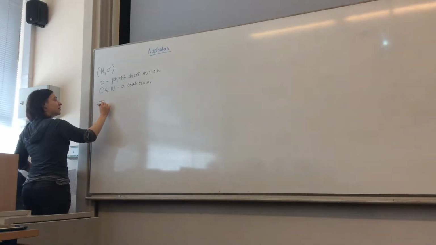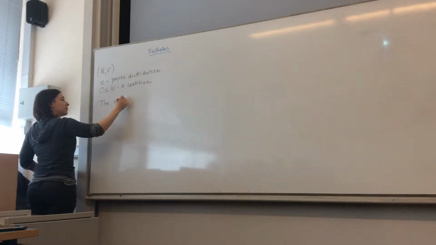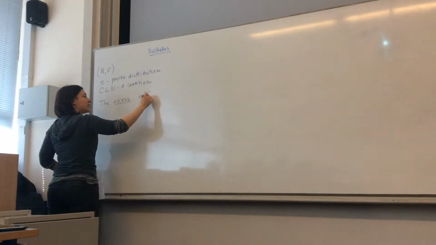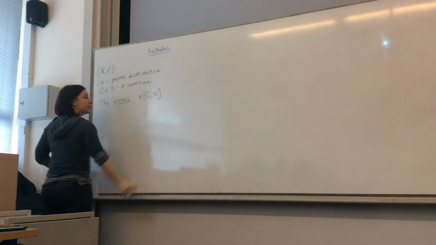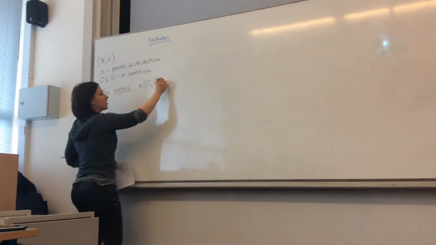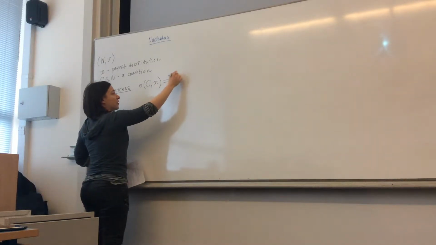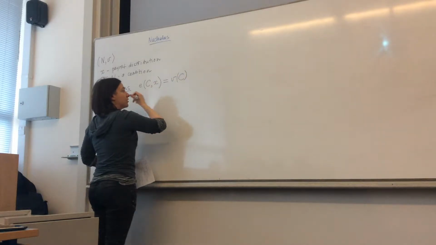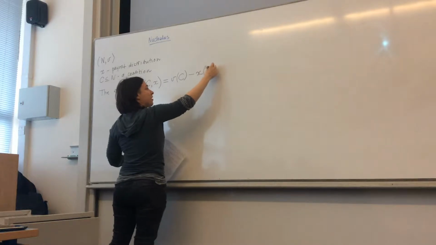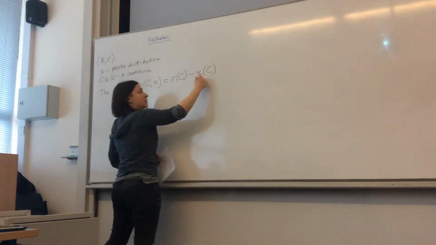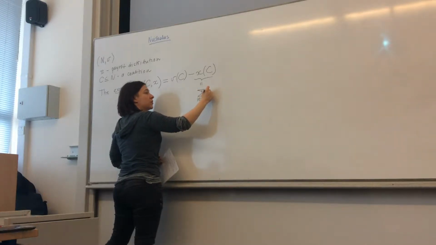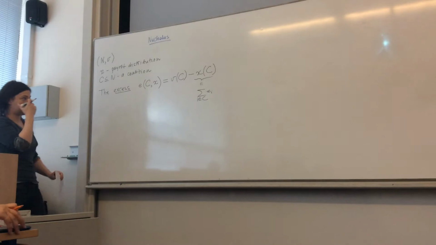Then the excess, which we will denote as e of C under the payoff distribution X, is just the difference between the value of that coalition and the total payoff that the members of the coalition get. So this is the sum of the payoffs to the members of the coalition.